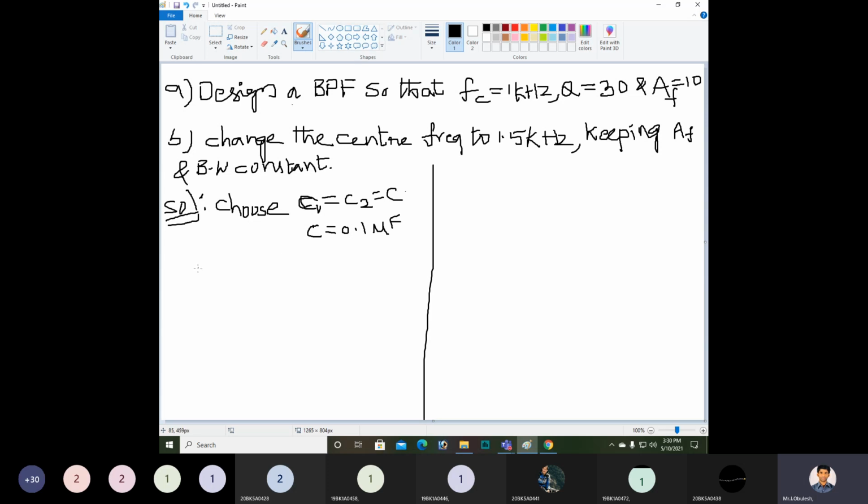And then what is the formula for R1? Resistor R1. R1 is equals to Q by, first we need to write the formula and substitute the values, 2 pi FC into C into AF.